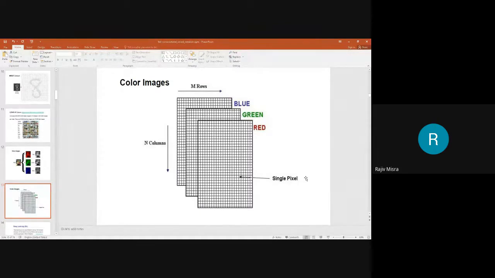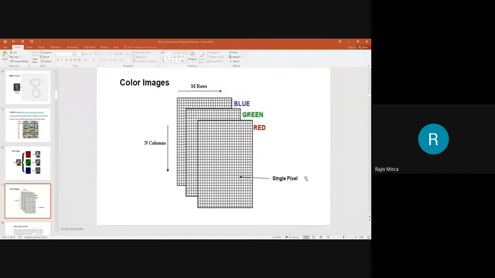Let us say you have an image which comprises m rows and n columns. For every color, that is red, green, blue, you have to have such an input, and each value of these cells is called a pixel. It will have its value as an integer.